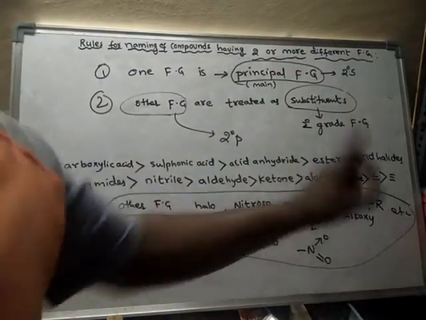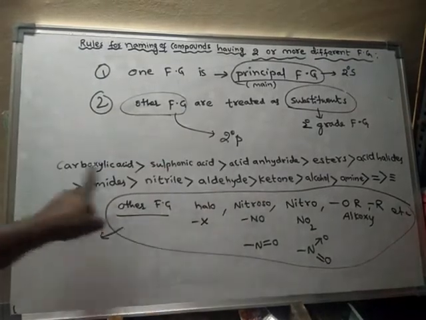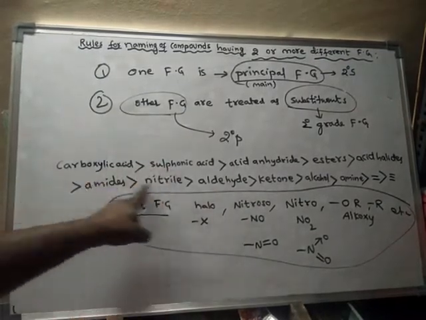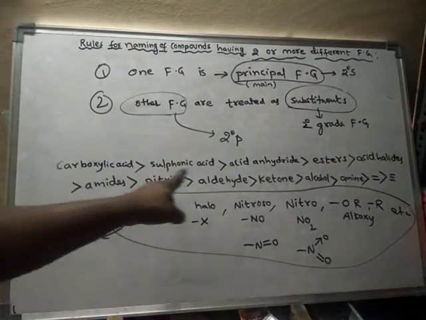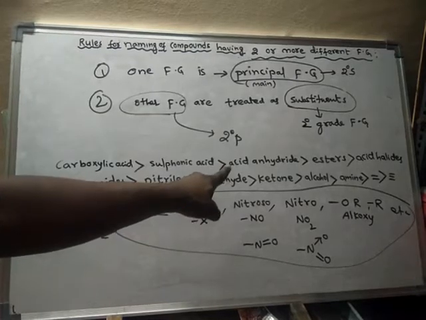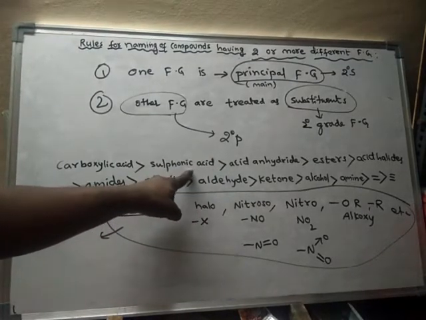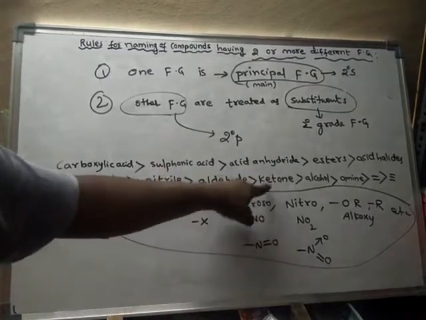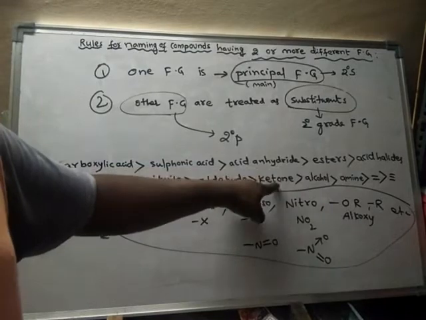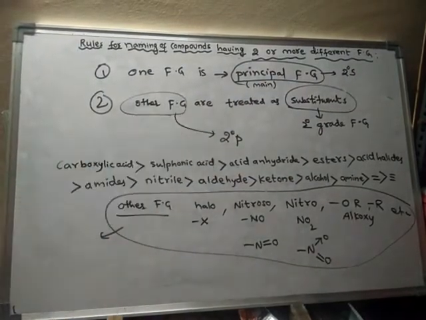Less priority functional groups always appear as secondary prefixes. Sometimes these functional groups may appear as the principal functional group, or main functional group. Hence they can be written as secondary suffixes depending upon the priority order.